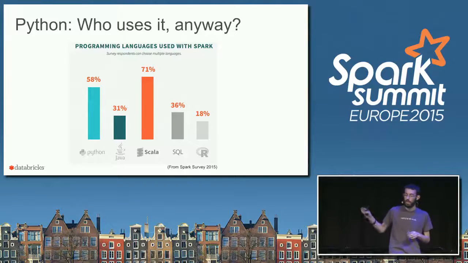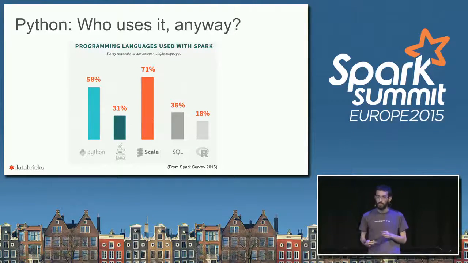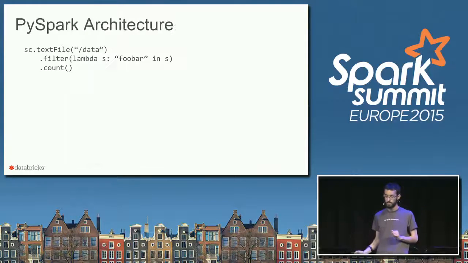Today, as of the 2015 survey, 71% of Spark users use Scala, and 58% use Python. Obviously, these are not disjoint groups of people. We also see that Python has grown the most since 2014. A lot of new people are coming to Python and finding it to be a very useful paradigm.